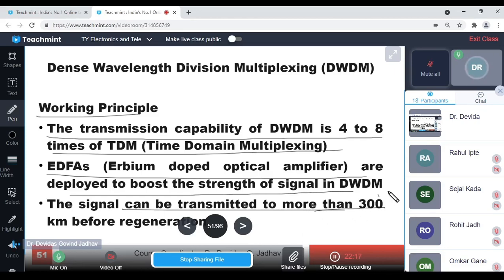Various systems will have different values, but this gives the idea about the usefulness of the amplifier. Because they have quite a large gain bandwidth product.